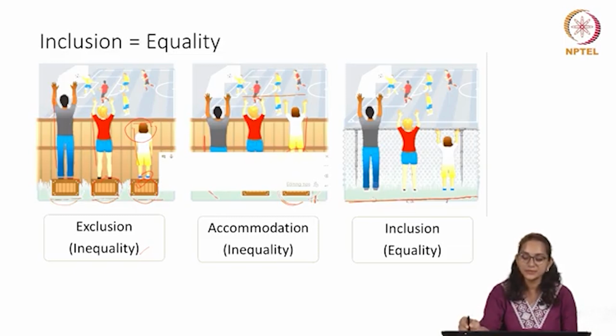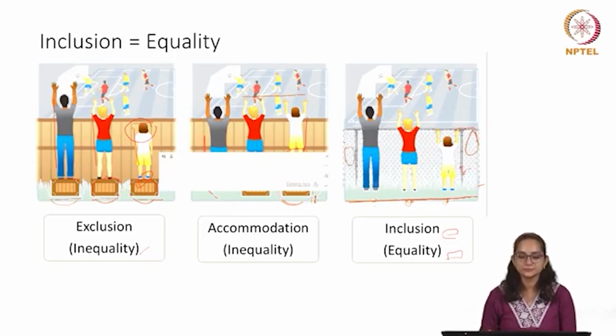Then something like this can come up as a solution. Here it is not just inclusion, but also equality, because all are able to view the match and all are benefiting from the same product. Right? So this is how accessibility fosters equality.